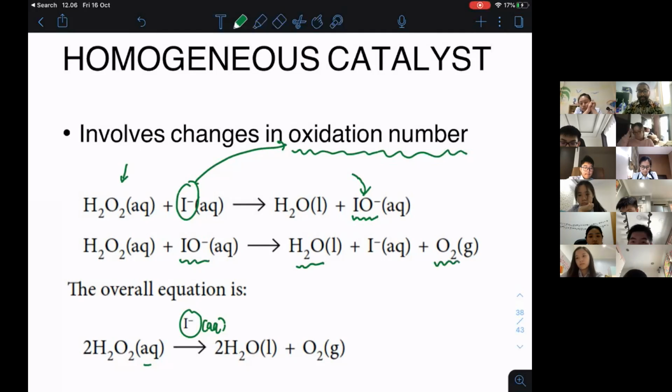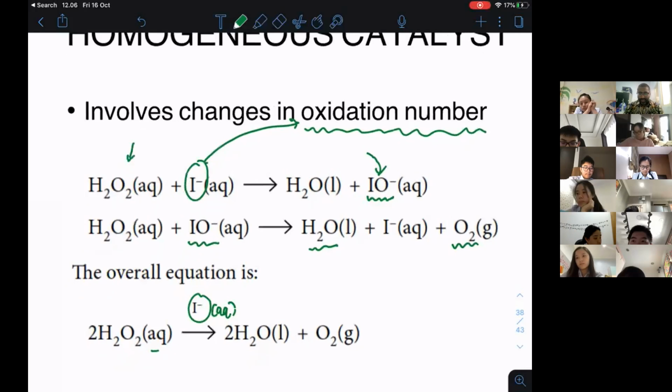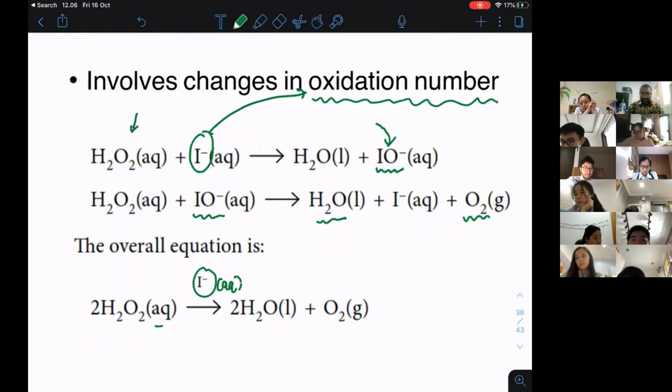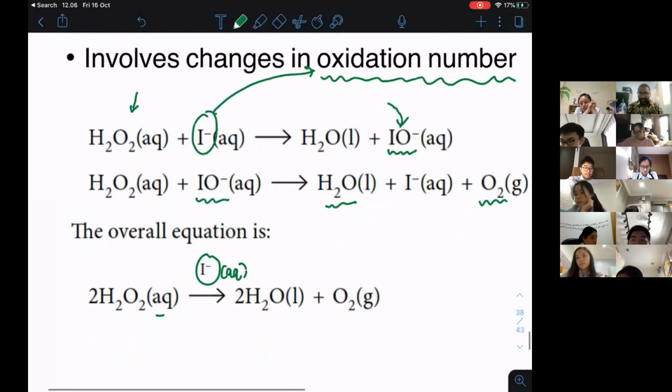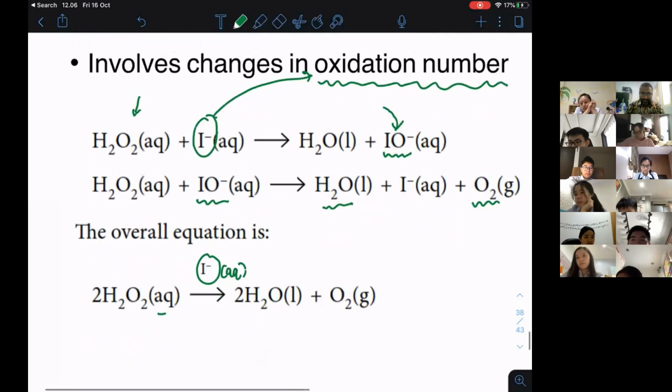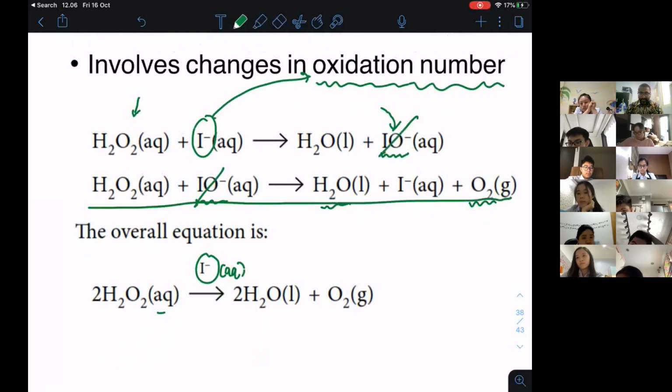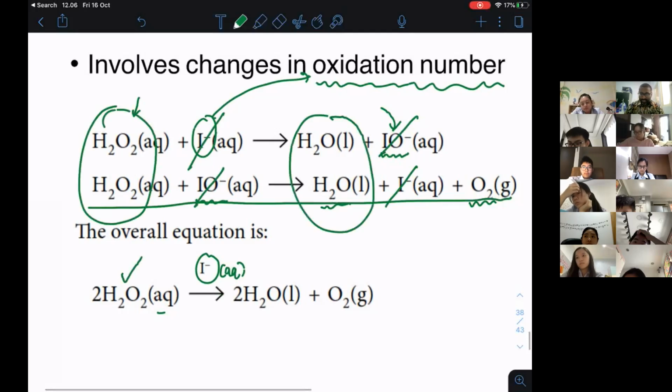So it involves two steps. When we write the overall equation, adding these two equations together, I minus and I minus will cancel, and I get 2 moles of H2O2 giving 2 moles of water and 1 mole of oxygen.